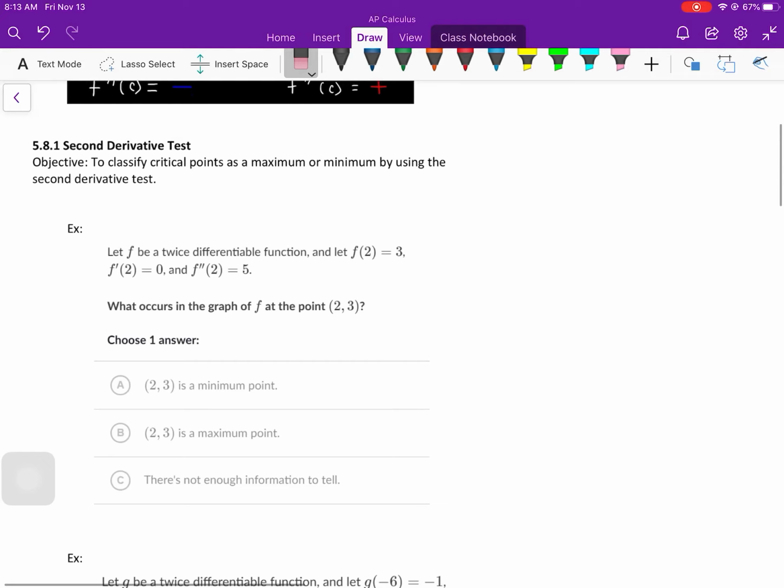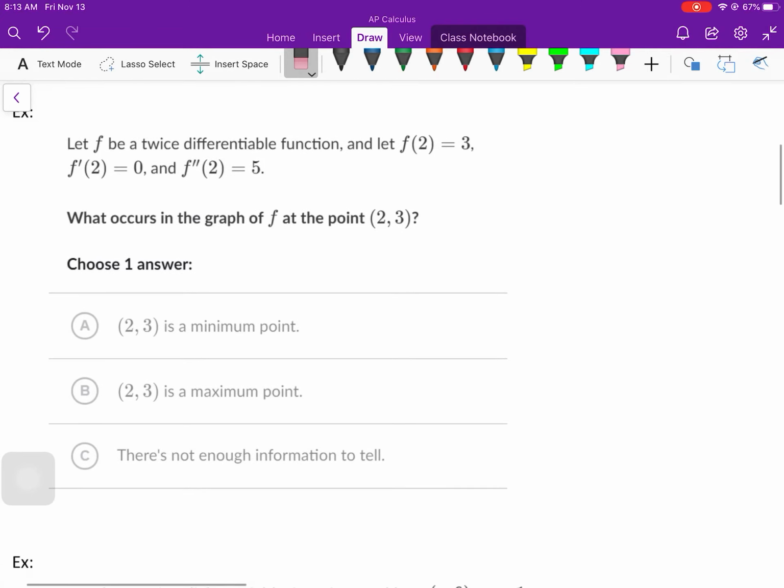And so let's do some examples. We're going to classify these critical points. So for the function f, f of 2 equals 3, which doesn't really matter so much. We have a critical point at x equals 2 because the derivative at 2 is 0.